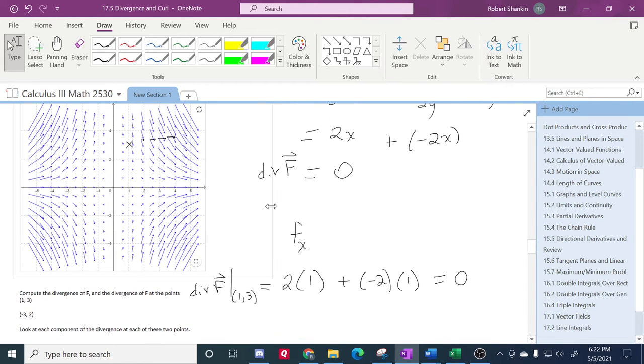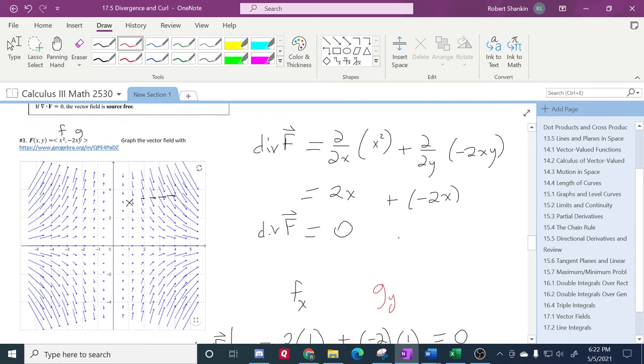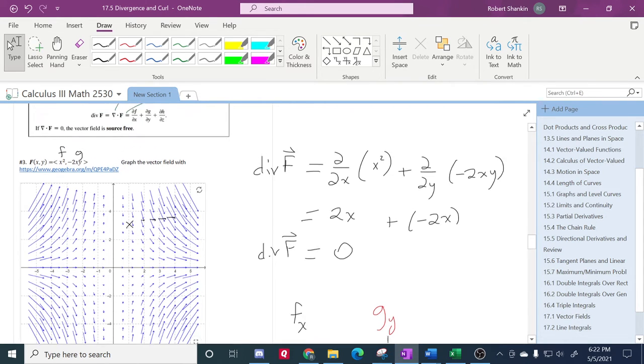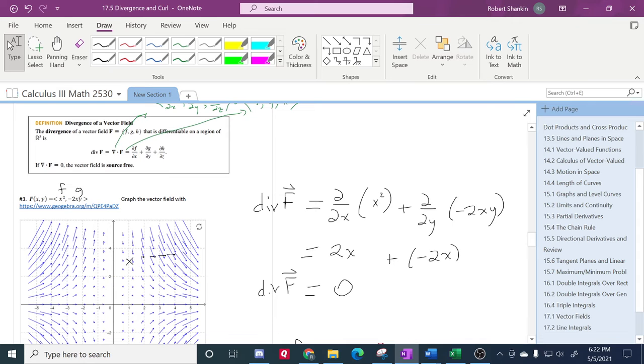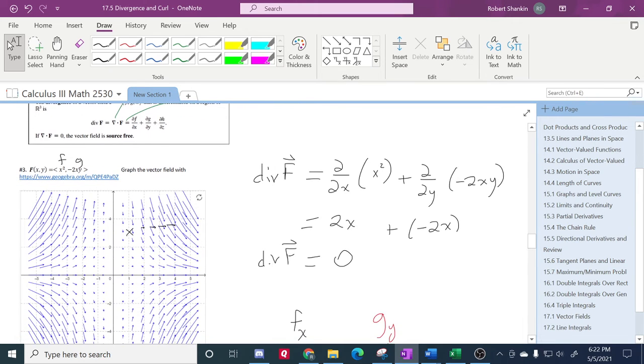But let's look as we go in the y direction. This is g of y. Now the g of y turns out to be -2. So what does this mean? The g came from the -2xy over here.